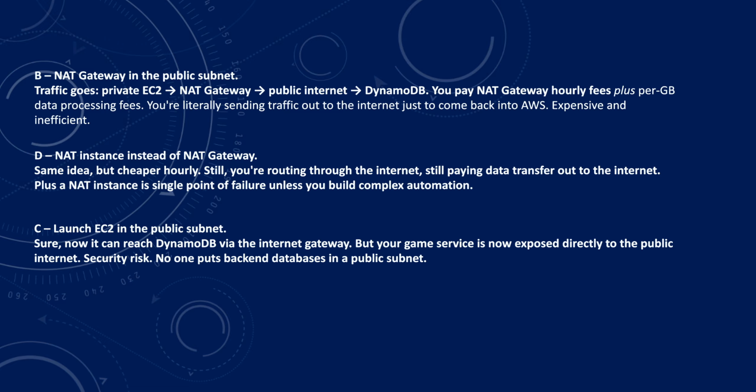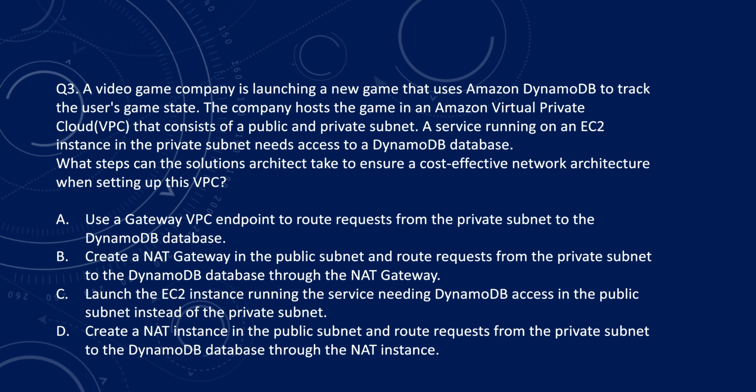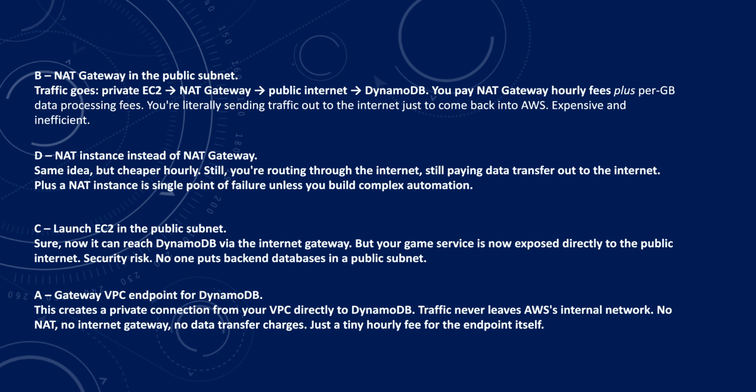Okay, so we are left with one option, which is option number A. Let's see the option first. The option says use a gateway VPC endpoint to route requests from the private subnet to the DynamoDB database. Let's see the explanation. A gateway VPC endpoint for DynamoDB creates a private connection from your VPC directly to DynamoDB.